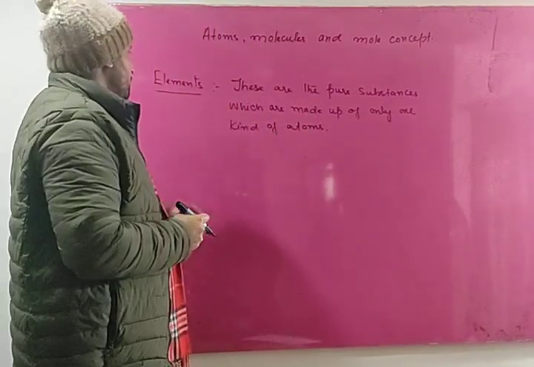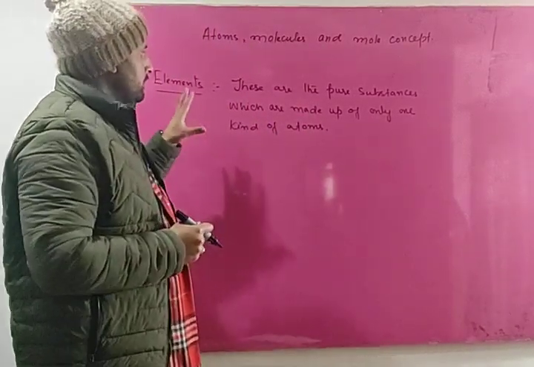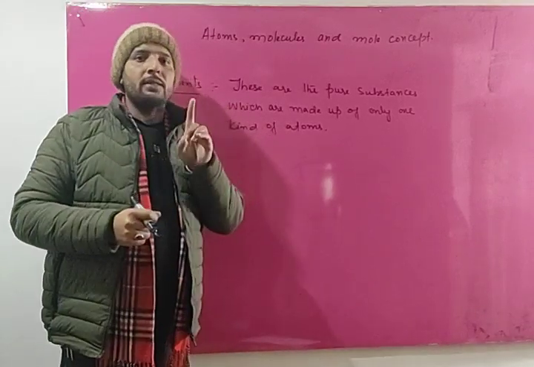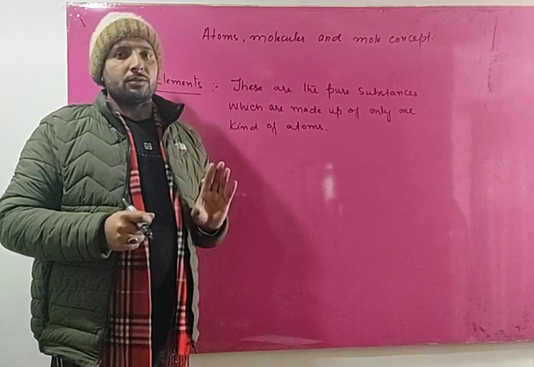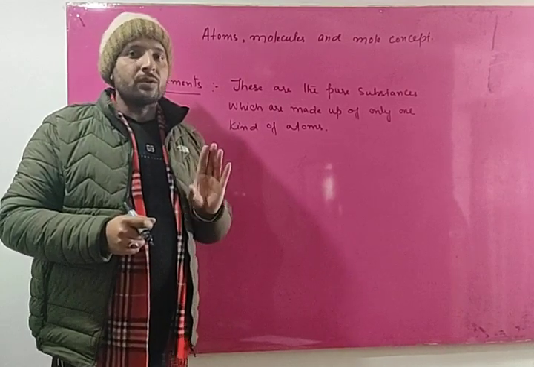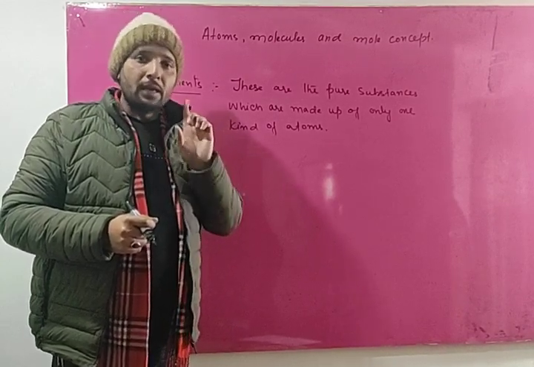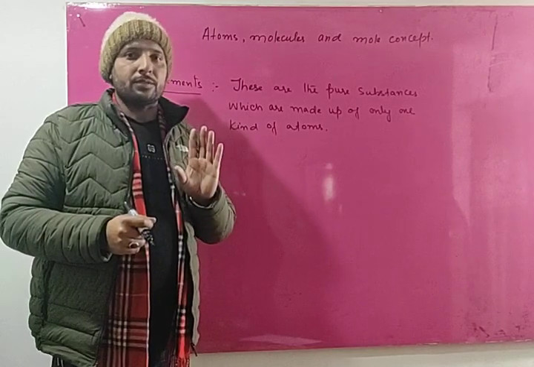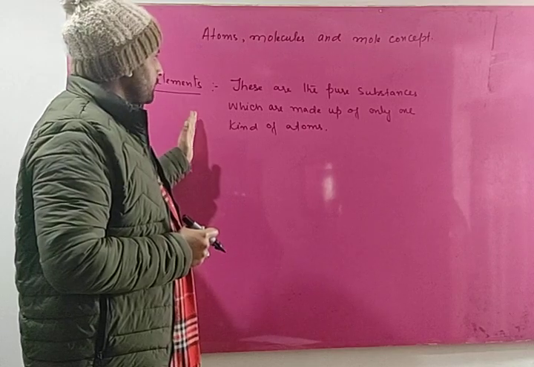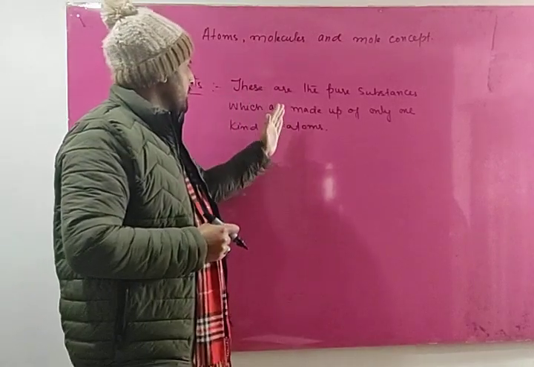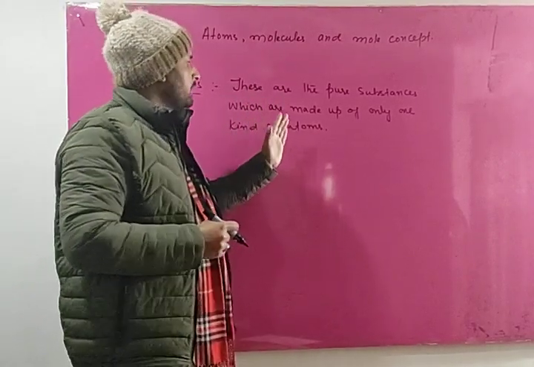Pure substance in chemistry simply means a substance which is made up of only one kind of constituent particles. वो कोई भी substance जिसके constituent particles एक ही जैसे हो, that's a pure substance. Now when we give the definition of elements, we say these are the pure substances which are made up of only one kind of atoms.